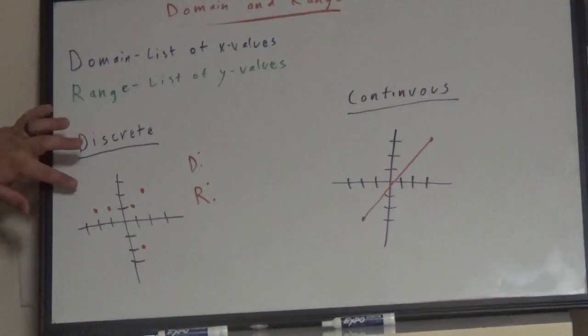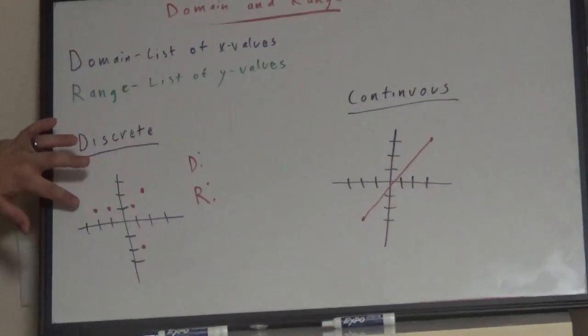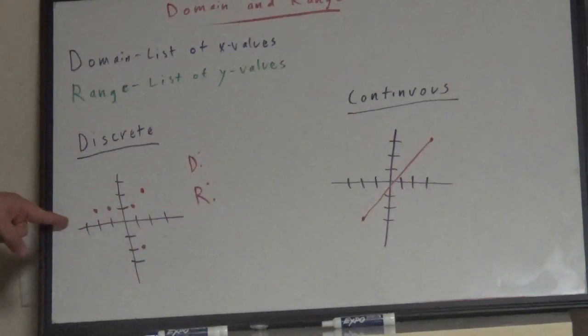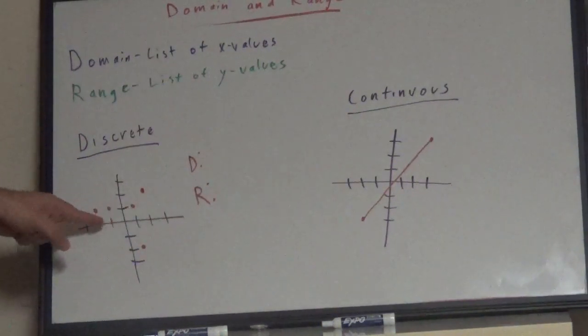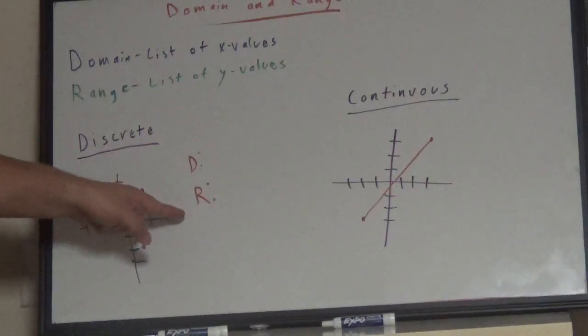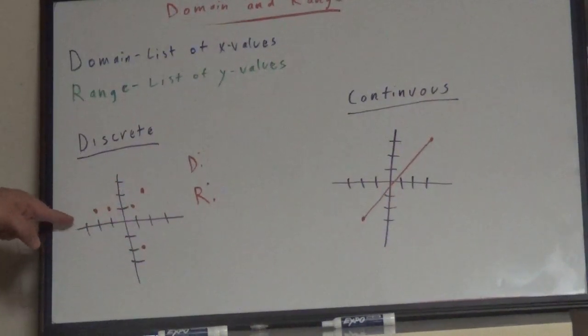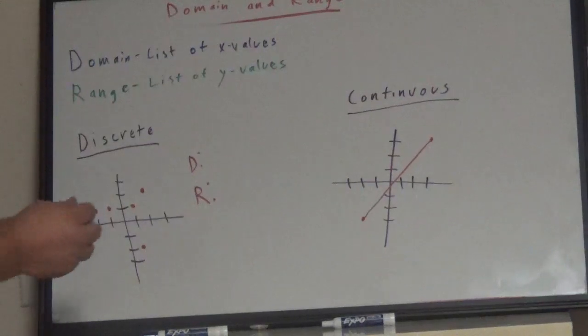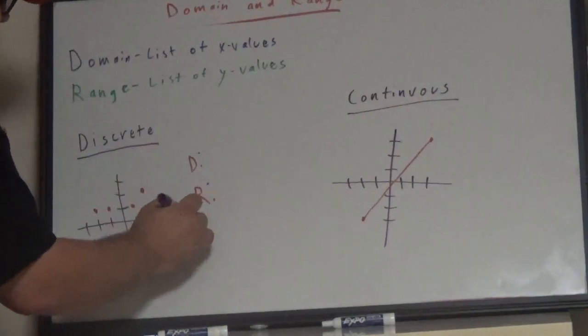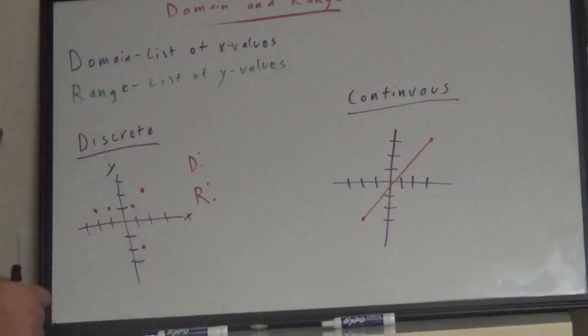So, for domain, we're going to look at only the x-axis. We're going to look at what numbers are represented on this x-axis. Remember, x and y.